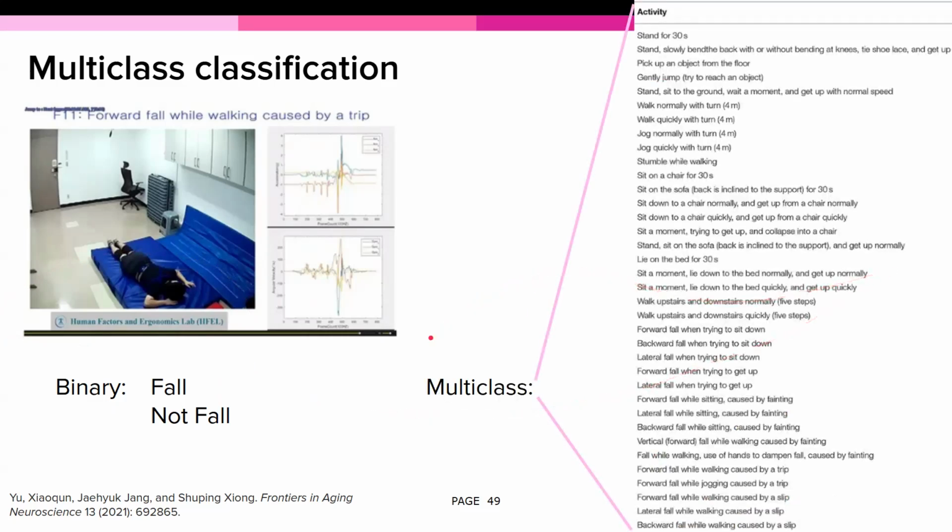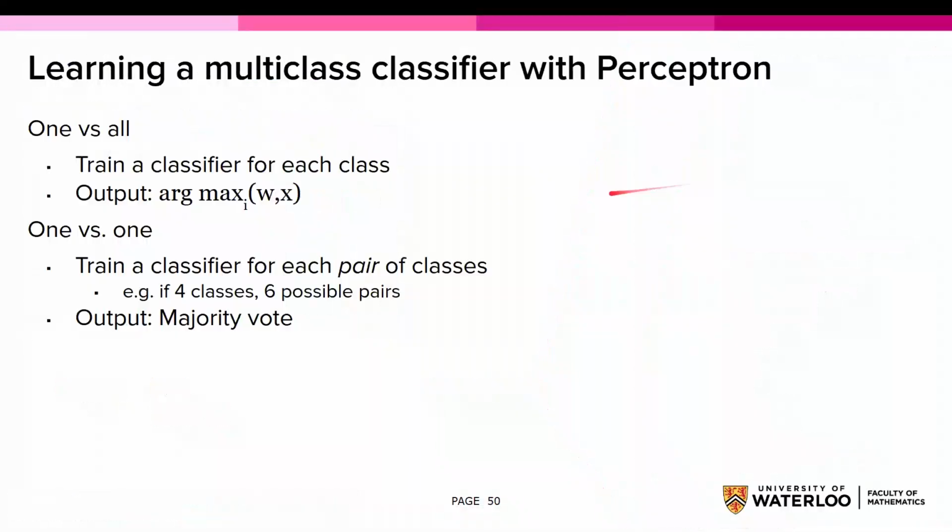But in reality, that fall detection data set has a few more outcome variables. The output, the Y value, can take on many different values. For example, there's different types of falls and different types of not falls, and I think there's a couple dozen different options here. This would be called the multi-class classification problem. And it is possible to repurpose the perceptron algorithm to give you a multi-class classifier.